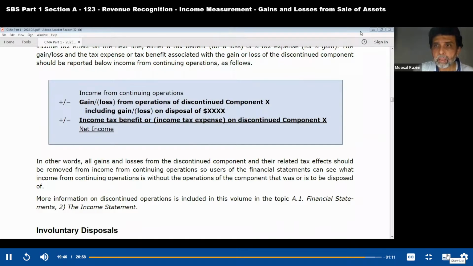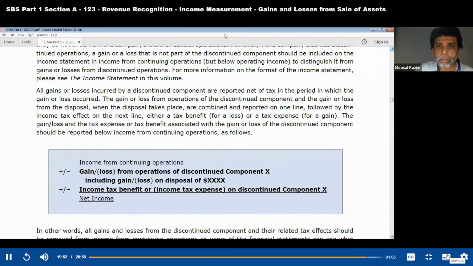So just let us read one line from here. I would request you to read this paragraph. All gains and losses incurred in the discontinued operations are reported net of tax in the period in which the loss has occurred.